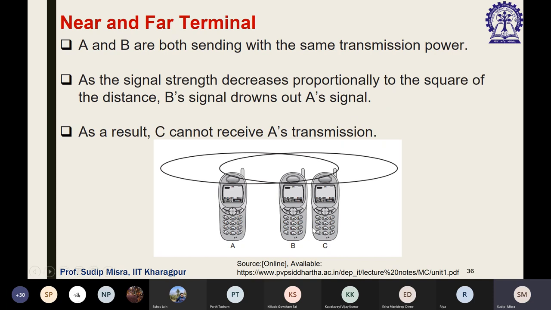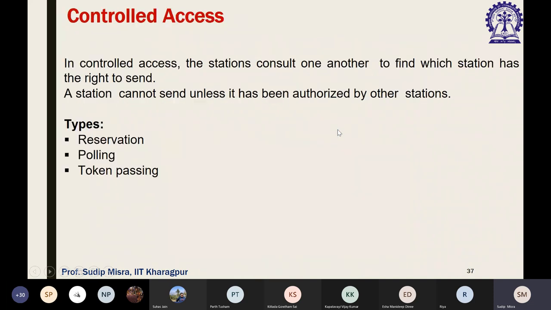As a result, C cannot receive A's transmission, because B comes in between, and the signal sent by A is drowned out by B's signal. So near and far terminal problems are some practical problems that happen in wireless networks.